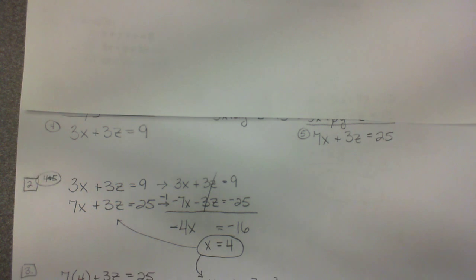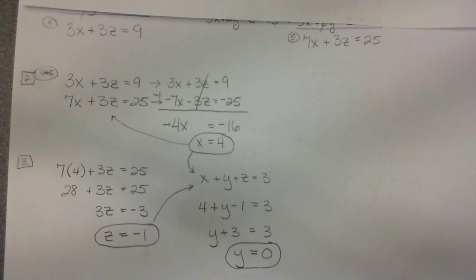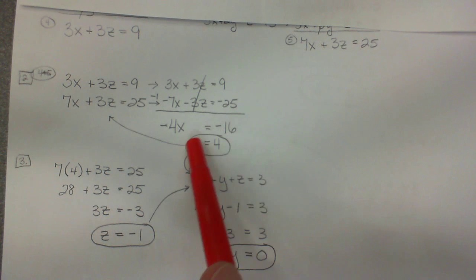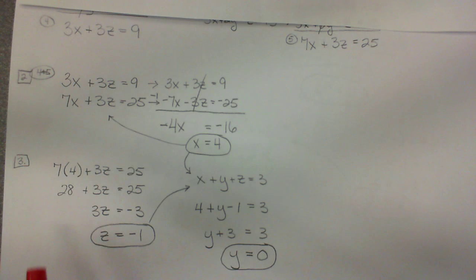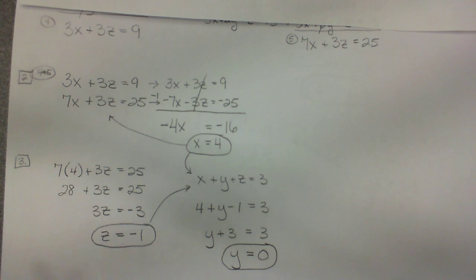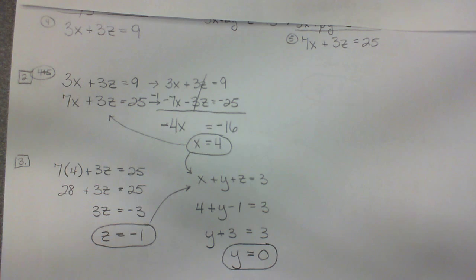Once you know what x is, you can plug back into one of your equations. Here I plug the 4 in for the 7x. That found out what z is. Once you had x and z, you can plug back into one of the original three equations and find out your y. Okay? So what I'm going to do is I'm going to actually work through this whole process in the next video.